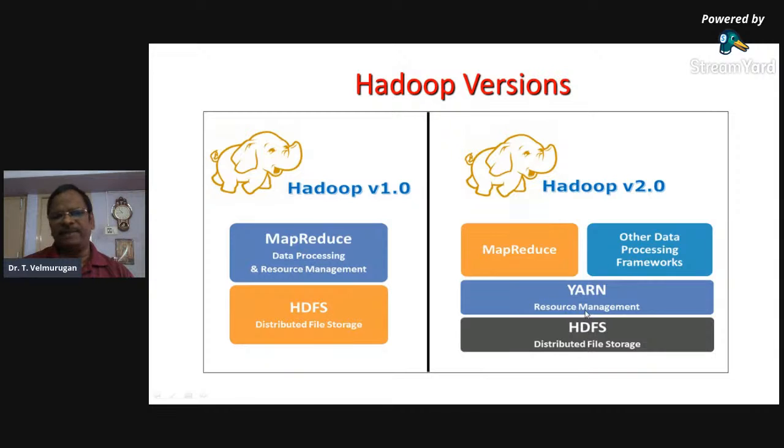Yarn accepts input, which is the output of MapReduce methods, as well as from other data processing frameworks. This is the specialty of Yarn. Then Yarn gives the input to the HDFS system.